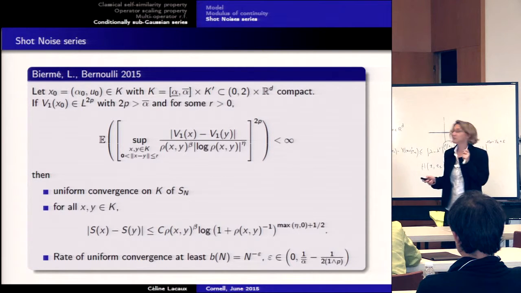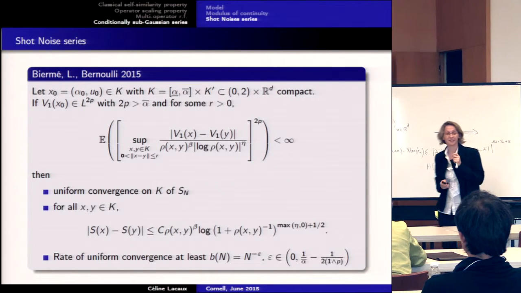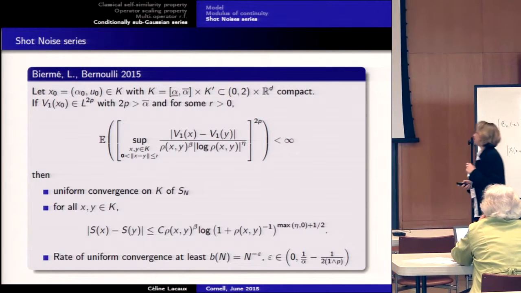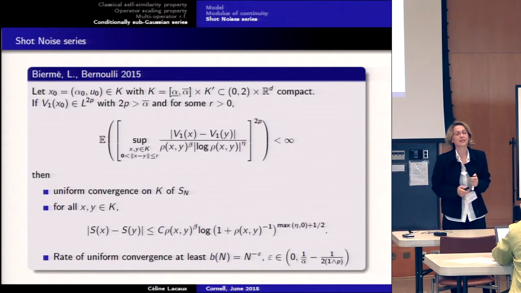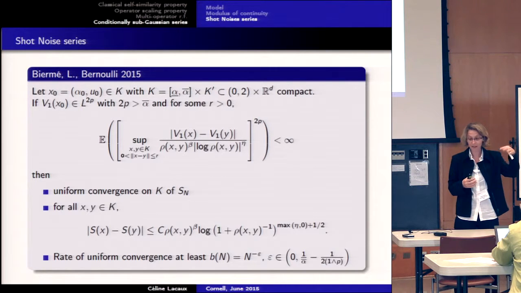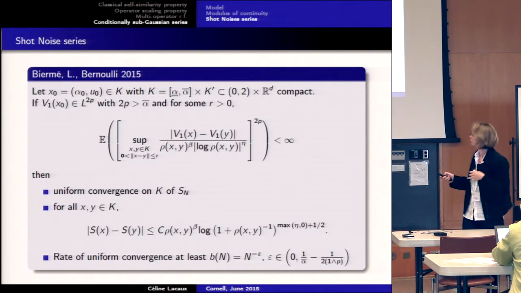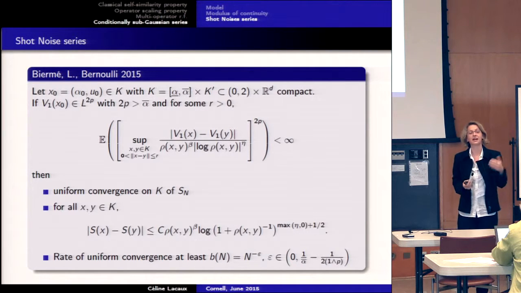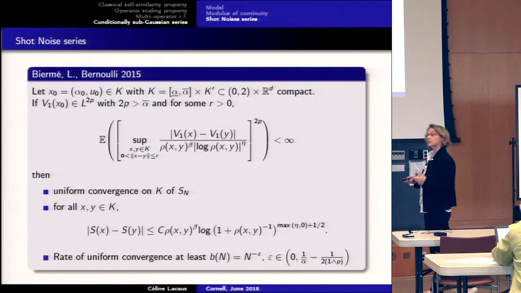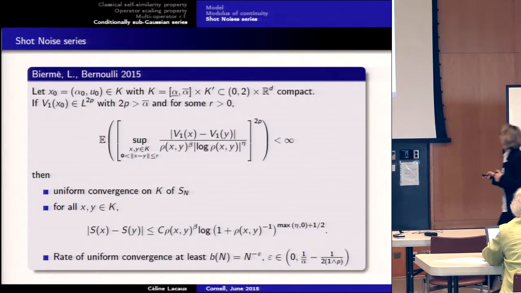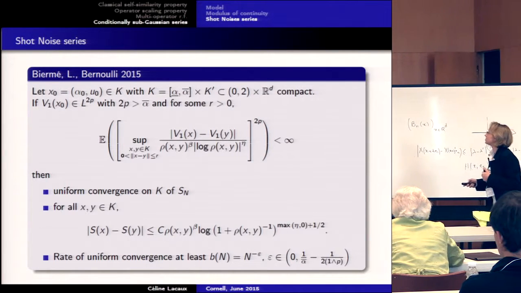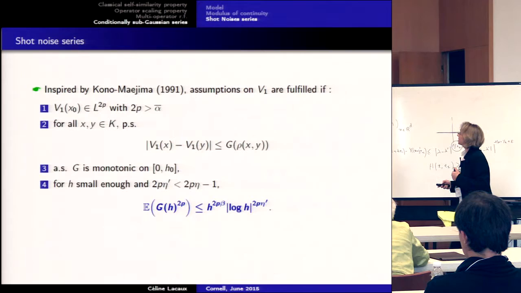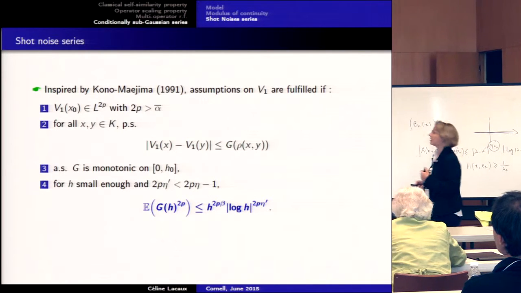You will see, maybe it's quite awkward to check this assumption. So what we have done is to look at what we did to control this when we studied the alpha stable, the special alpha stable process, harmonizable operator scaling. And so we have tried to generalize this, and this is an idea, in fact, of Kono and Maejima.